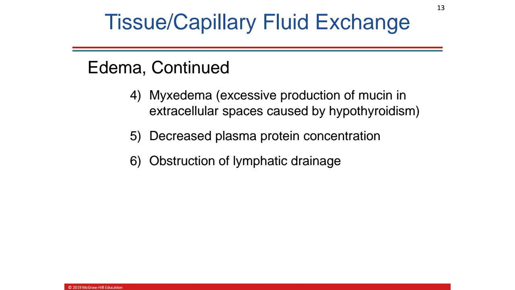But in certain disease states, these proteins are actually able to enter into the filtrate. That would lead to a decrease in plasma protein concentration, and a decrease in colloid osmotic pressure of the fluid within the capillaries, and this would lead to less reabsorption, and therefore there would be edema.